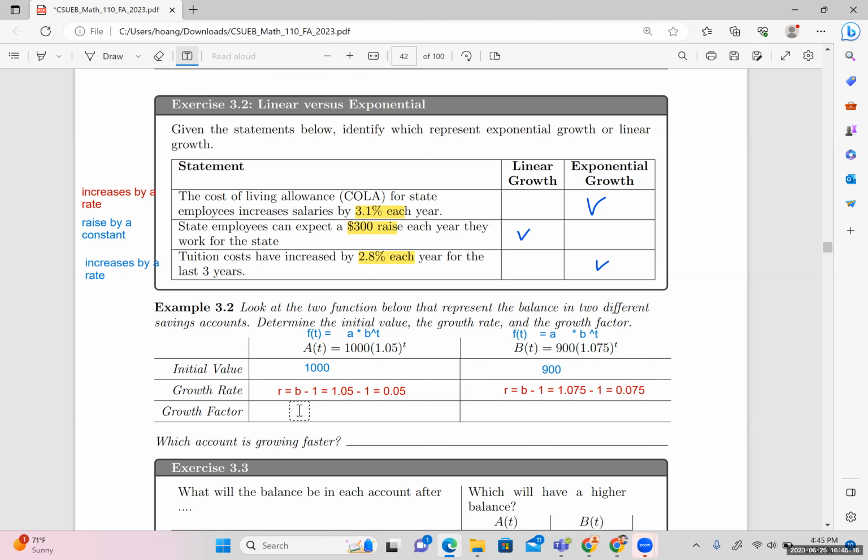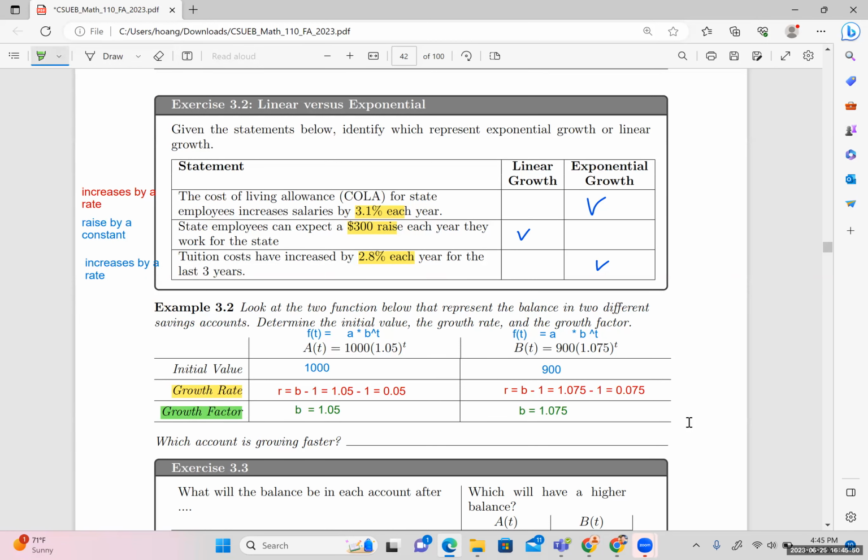Okay, so lastly, growth factor, which is b, we are given already, so you can just put that value: 1.05, and this b equals 1.075. All right. So you can see that there's something you need to consider. They are different, but have a relationship: the growth rate and the growth factor.